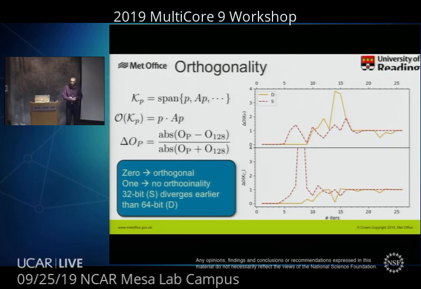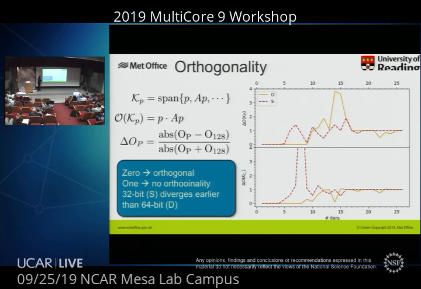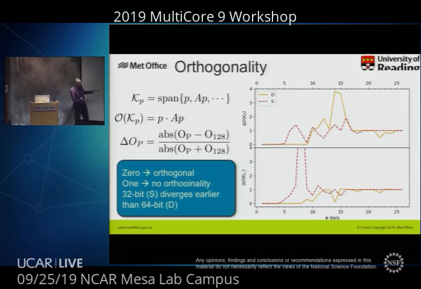So if we pretend that 128-bit arithmetic is truth, which it isn't, but it has smaller accumulated round-off, then we can look at the difference for this orthogonality constraint. Because it's BiCGStab, there are two Krylov subspaces, so that's the top and the bottom. When we start, the spaces are orthogonal, so that orthogonality measure is 0. And as we go through the iterations, because the algorithm updates the Krylov subspaces rather than recalculating them at each iteration, we start to lose orthogonality, which is what we can see here.